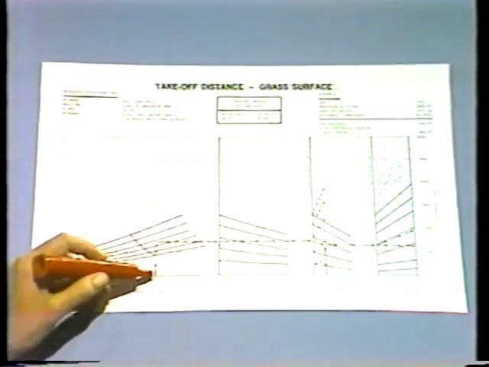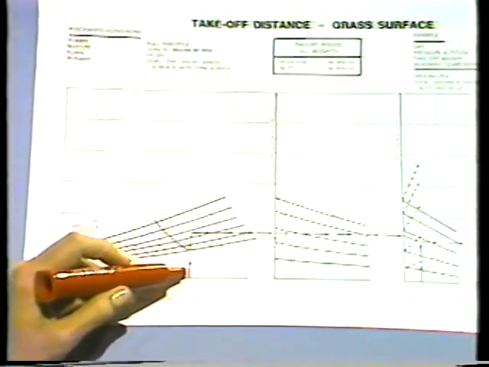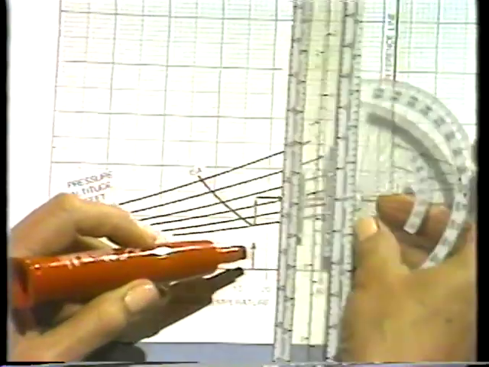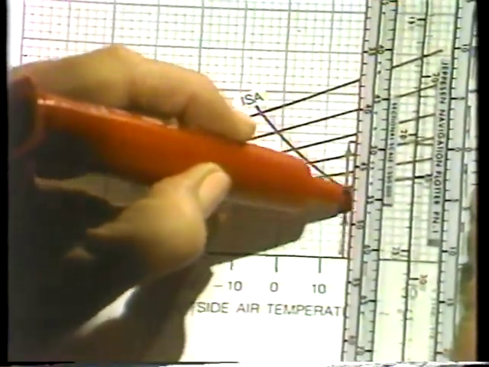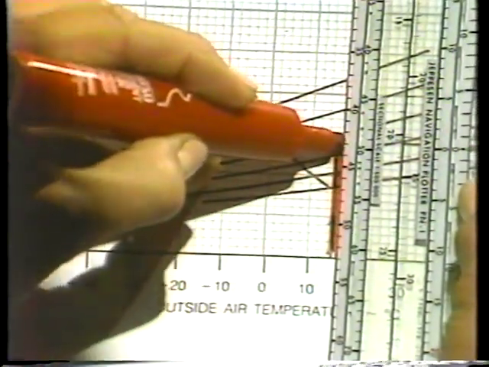Begin by entering the chart at the outside air temperature of 15 degrees Celsius and move upward to the 5,650-foot pressure altitude line. Then move right horizontally to the weight reference line.